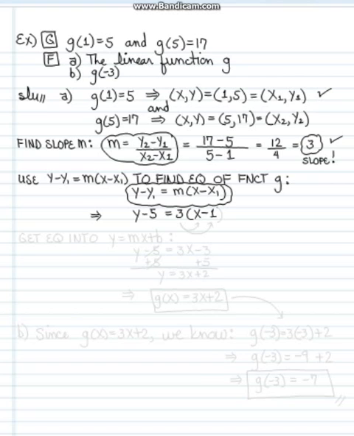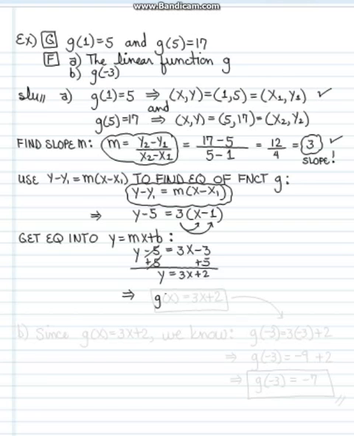Now we need to simplify it to get it in nice function form. So multiply the parenthesis by 3 to get it into y equals mx plus b form. We got y minus 5 on the left equals 3 times x, and then minus 3 times 1 is minus 3. We isolate the y, we get y equals 3x plus 2, and now replace the y with its fancy function notation, g of x.